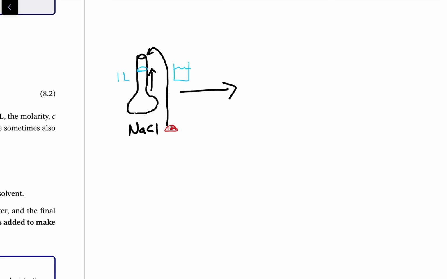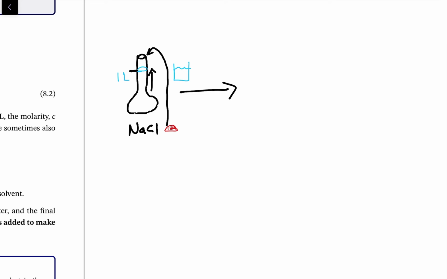Would you have added exactly 1 liter of water to dissolve the sodium chloride? Or might you have added just a little bit less than 1 liter? Because, thinking of it, if you're going to dissolve something and you start adding water and you fill up something that tells you when you reach a measurement point, that's a 1 liter mark.